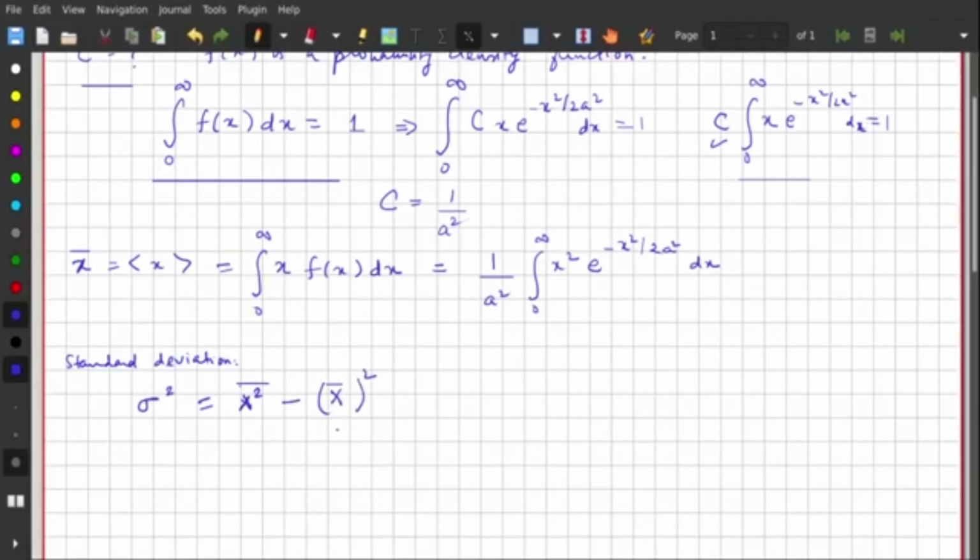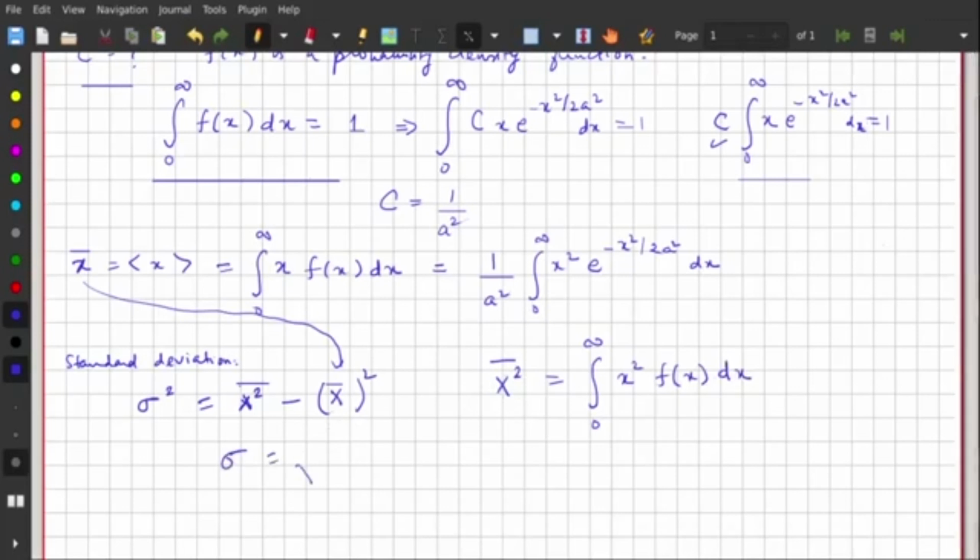This quantity can again be easily evaluated, since we compute the mean of x as shown, and the mean of x square is the second moment, which is just the integral from 0 to infinity of x square f of x dx. If we substitute this term here, the standard deviation can be computed as the square root of the mean of x square minus x bar whole square.